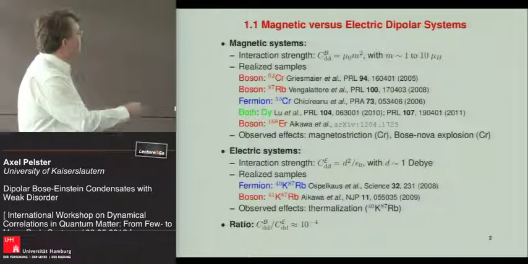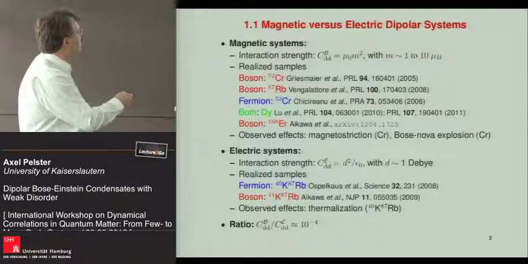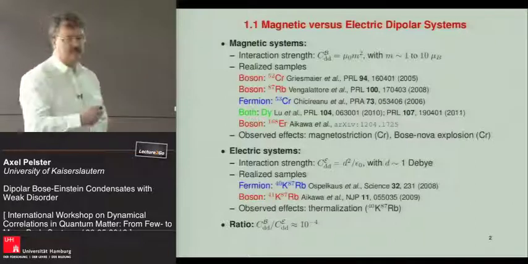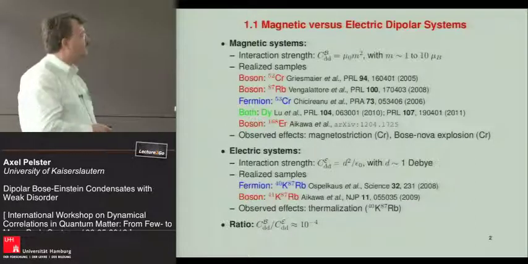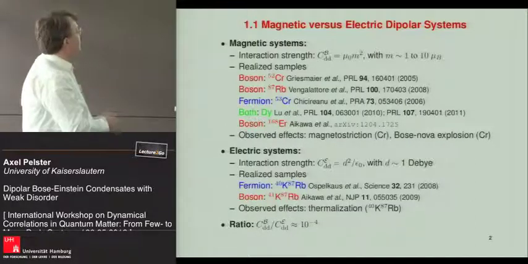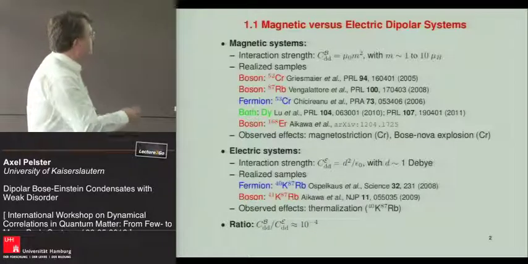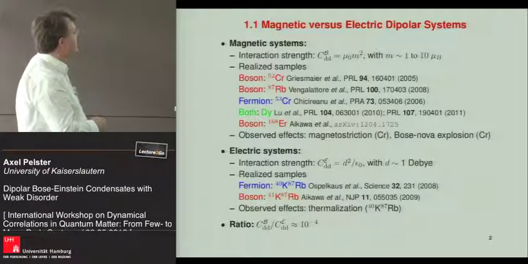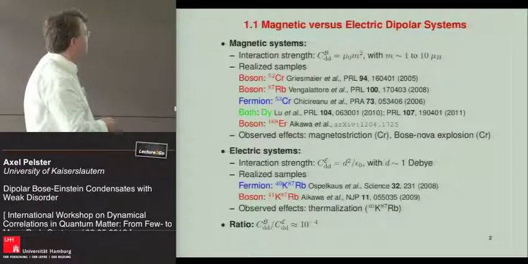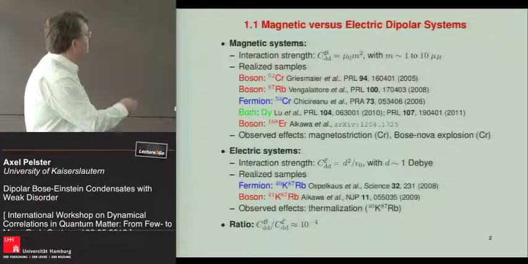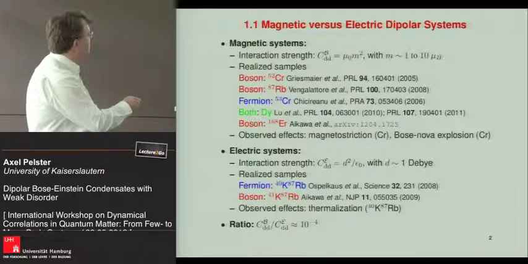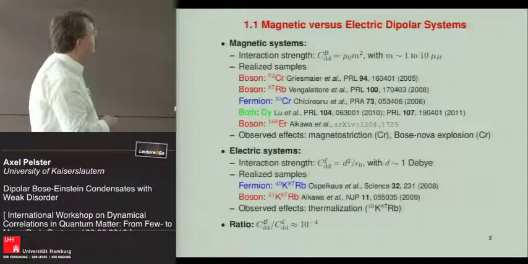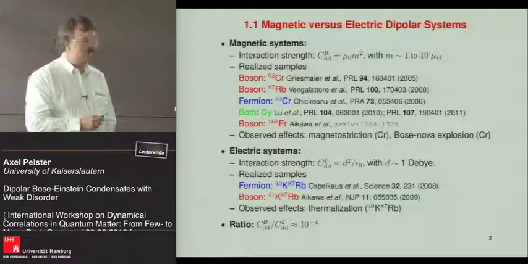Most prominently, there's chromium-52, realized in 2005 in the group of Tilman Pfau in Stuttgart. And just last year, dysprosium was realized as a BEC. And just a few days after Easter, also the condensation of erbium was reported.